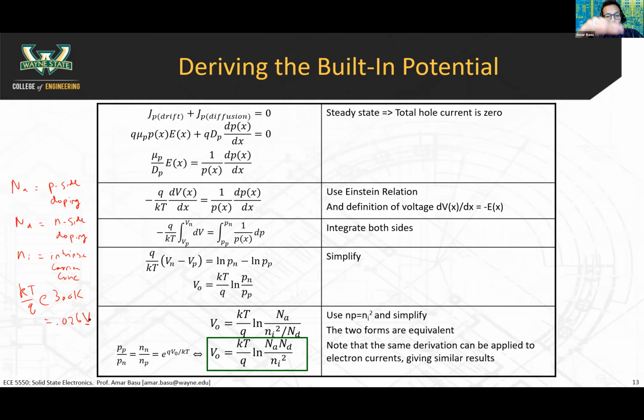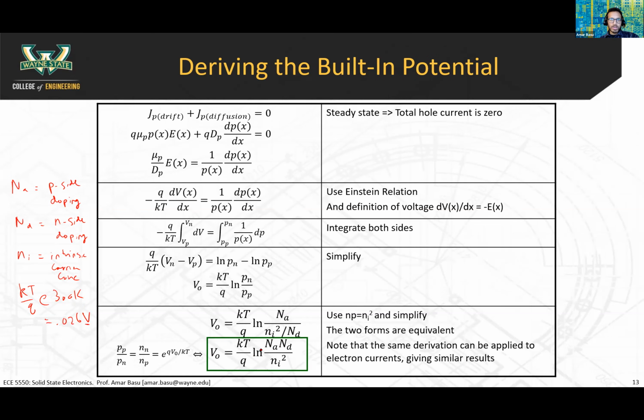All right, so this formula is a very quick and easy way to calculate the built-in potential based on the doping. And you can clearly see here that larger doping will give you a larger built-in potential, but it's a logarithmic relationship here.